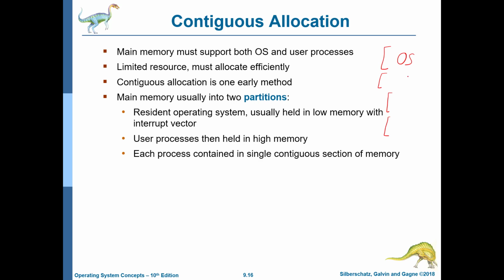The OS becomes kind of one process. This becomes process 1, process 2. The OS can either be in high memory, which means the highest addresses, or in low memory, which is the lowest addresses. That varies with systems.